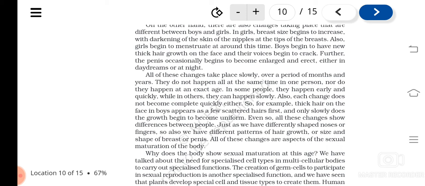For example, thick hair on the face of boys may appear as very small patches first, and they grow and become uniform very slowly. Like this, the changes that occur in persons may differ.